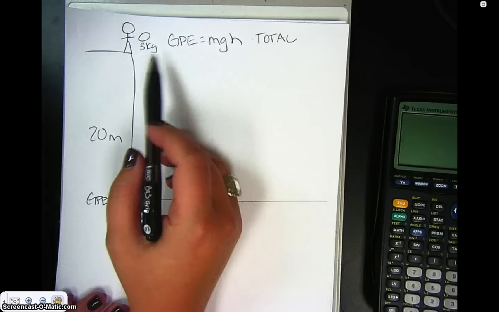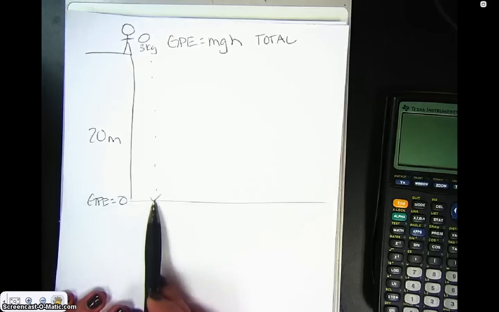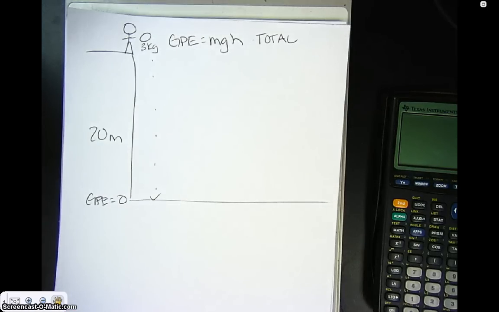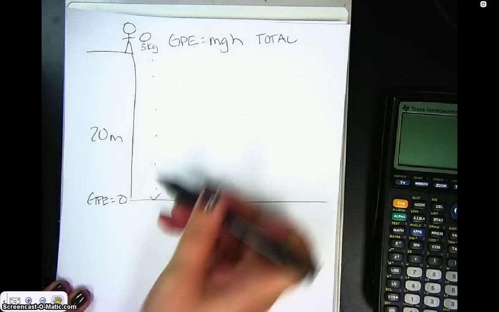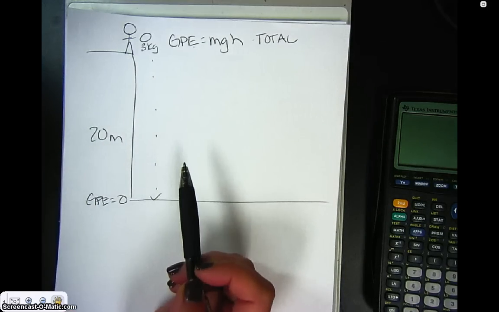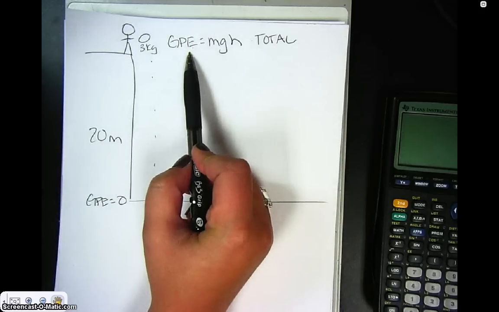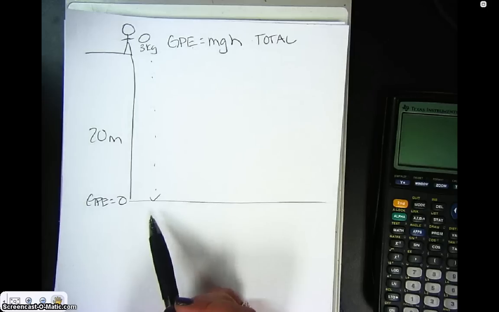As the ball falls, it gains velocity, and therefore it gains kinetic energy. So the conversion happening is from GPE to kinetic energy. And because energy is completely conserved, all of the energy that's lost from gravitational potential energy becomes kinetic energy.